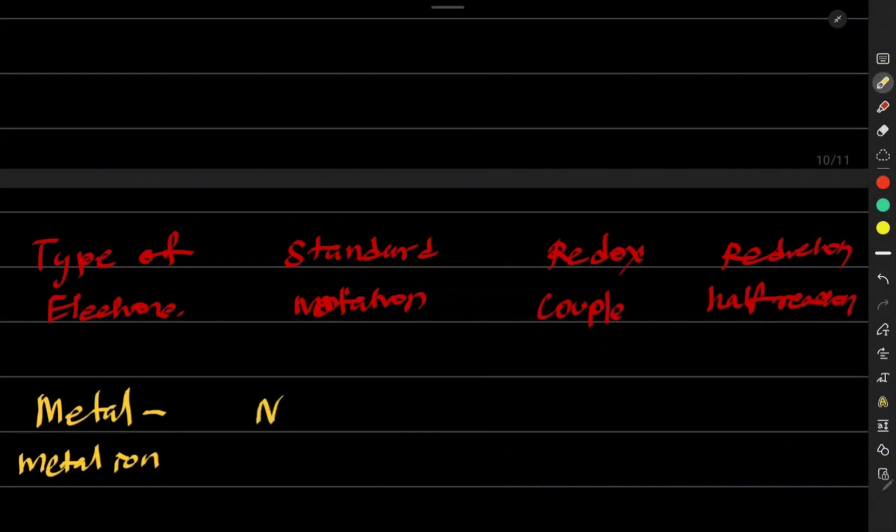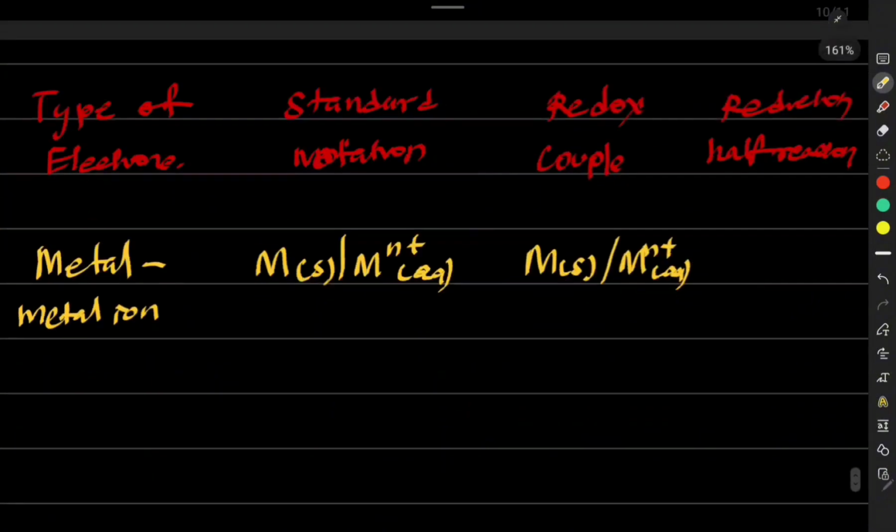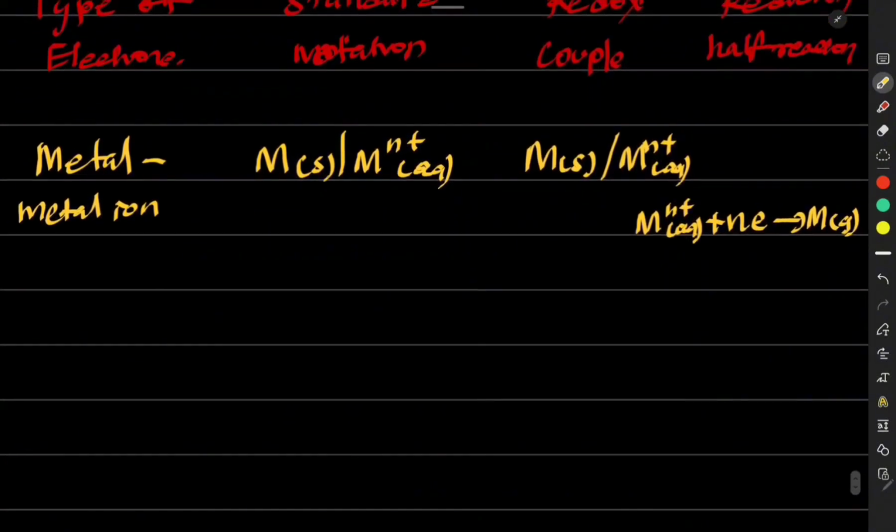Standard notation can be written as: the metal, interface, M n plus aqueous, and the redox couple is metal solid and metal ion. The reduction half reaction is M n plus aqueous plus n electrons forms M solid.